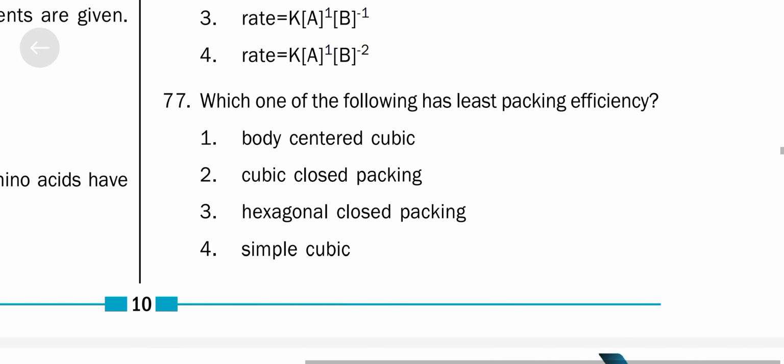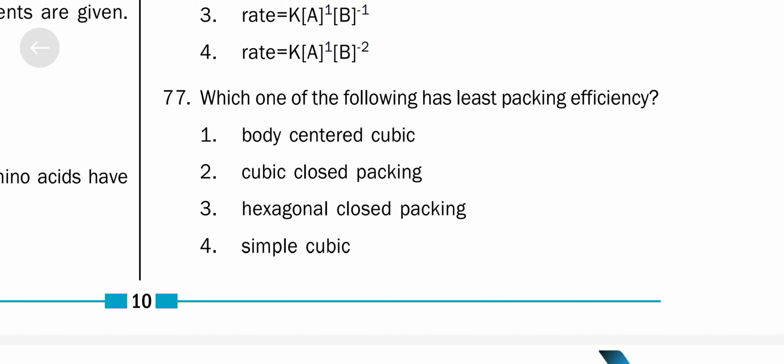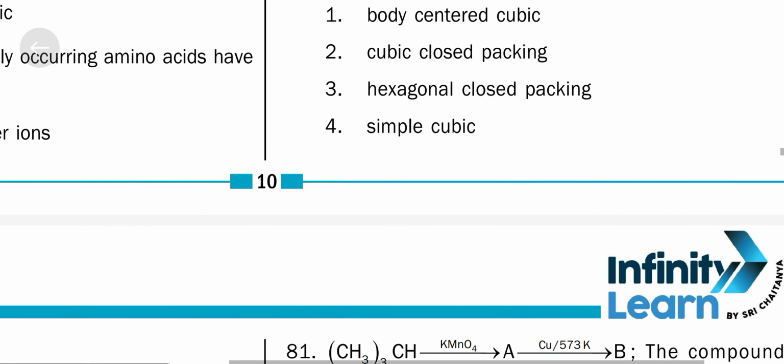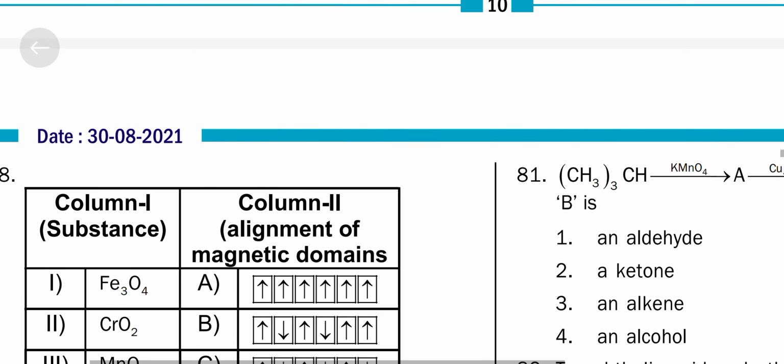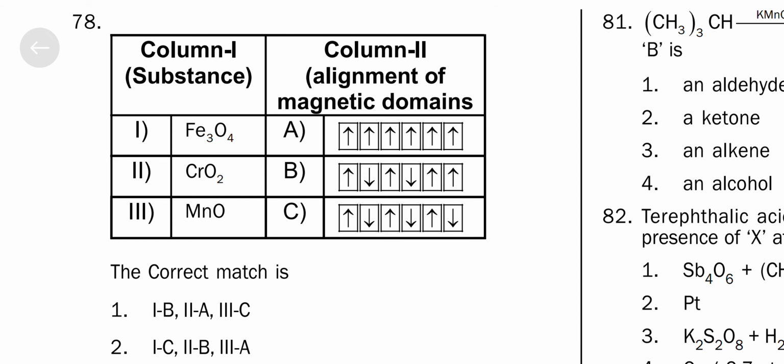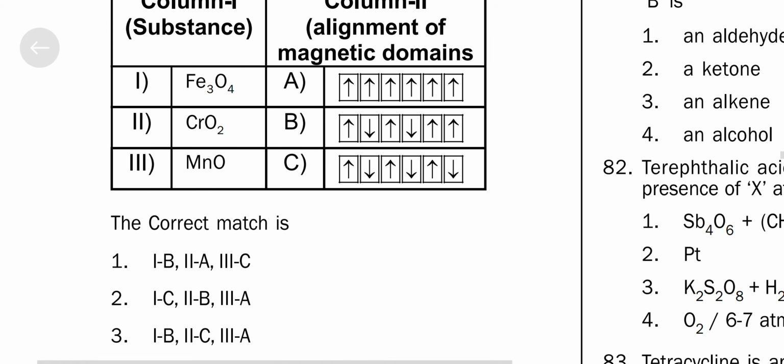Option 3. Which one of the following has the least packing efficiency? The least packing efficiency is always for simple cubic, that is 52.4. The 78th question is solid state: Fe3O4, CrO2 and MnO.